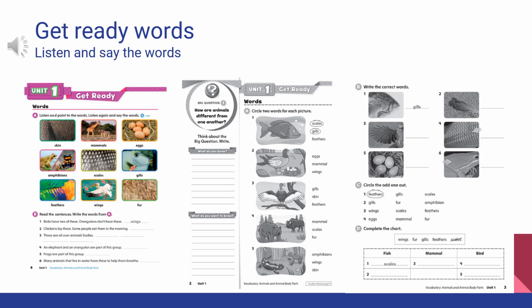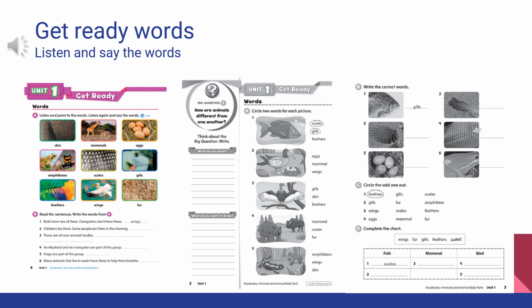You just have to explain what you know about the topic, that is how animals are different from one another. So you can write, yes, I know that animals are different from one another. Their skin is different, their outlook is different, their way of living is different. There are a lot of things which you can write under this part, what do you know and what do you want to know.